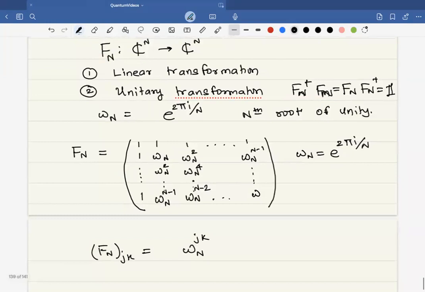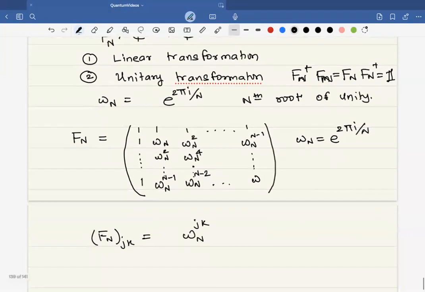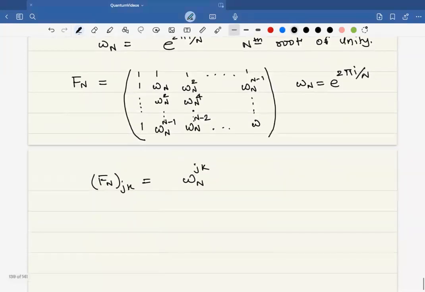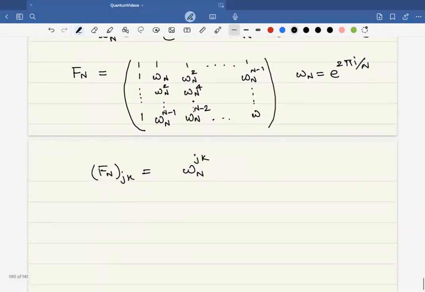So an important thing in the theory of Fourier transform is the efficiency of the Fourier transform. Now, if I want to operate the Fourier matrix on an n cross 1 vector, then the regular Fourier transform should take order of n square basic operations.